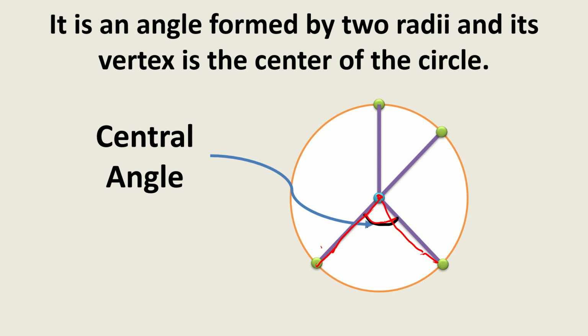So, ito yung tinutukoy na central angle. Now, alam natin that all angles are measured in degrees. Okay po. Now, ano ba yung theorem na meron sa measure ng central angle and its intercepted arc?